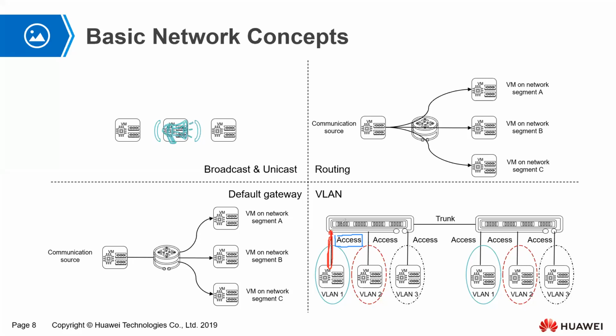Generally, the host does not need to know which VLAN it belongs to, and the host hardware often cannot even identify VLAN tagged frames. Therefore, the host can only receive or send untagged frames. Please take note of that.